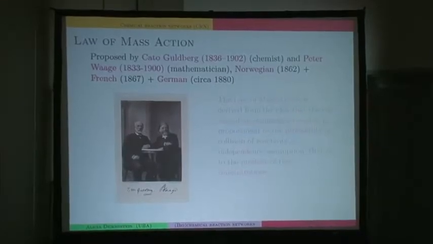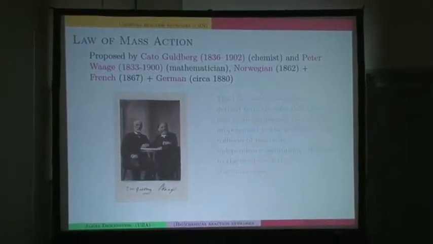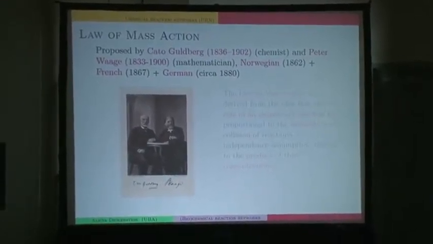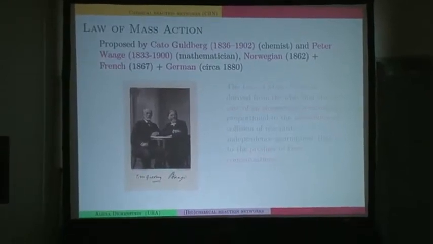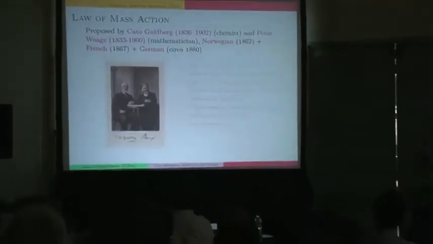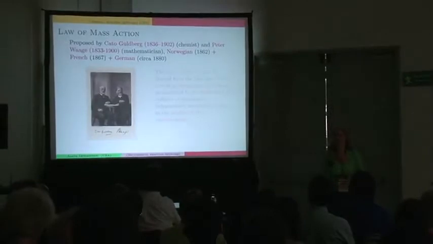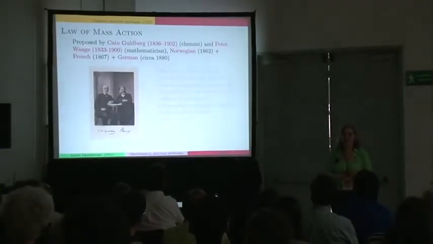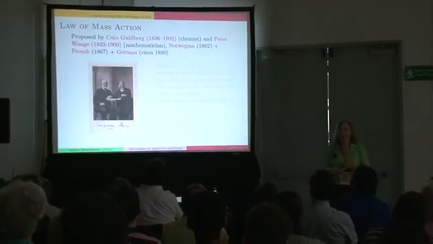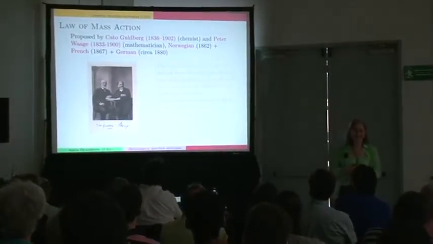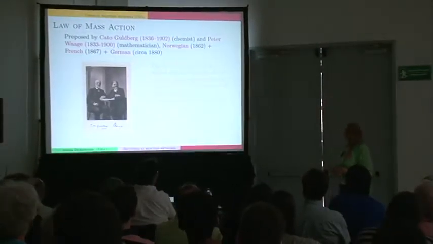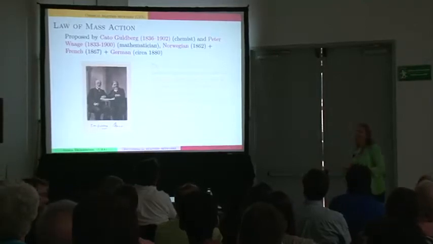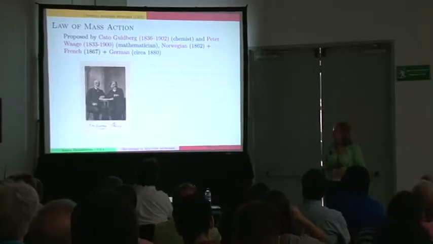And so this law of mass action was proposed in Norway in the 19th century by, to my surprise, but not so much, a chemist together with a mathematician, and the chemist is Ragni Piene's great-grandfather. And it's a very mathematical theory.